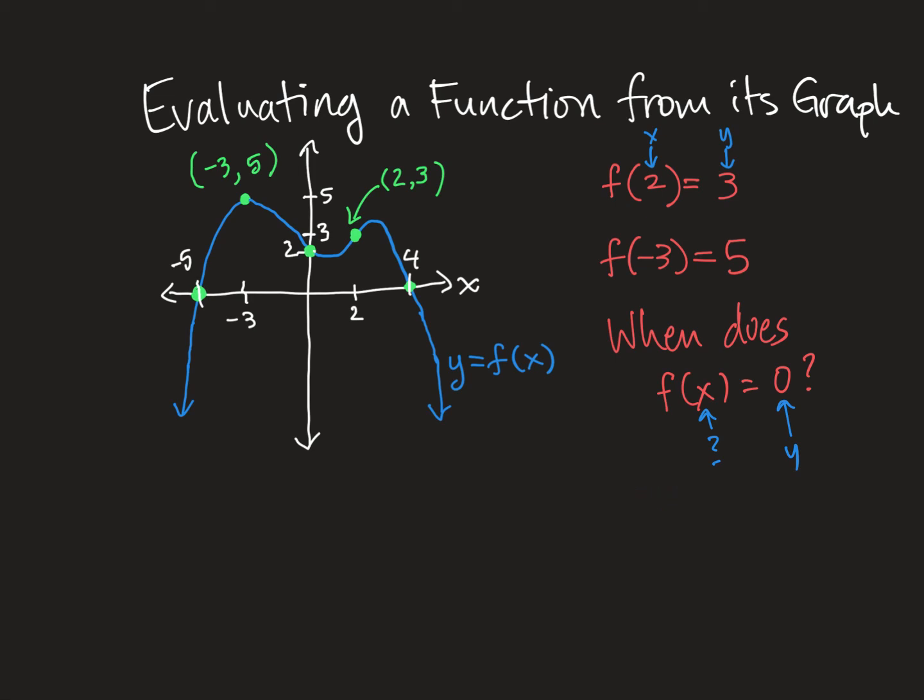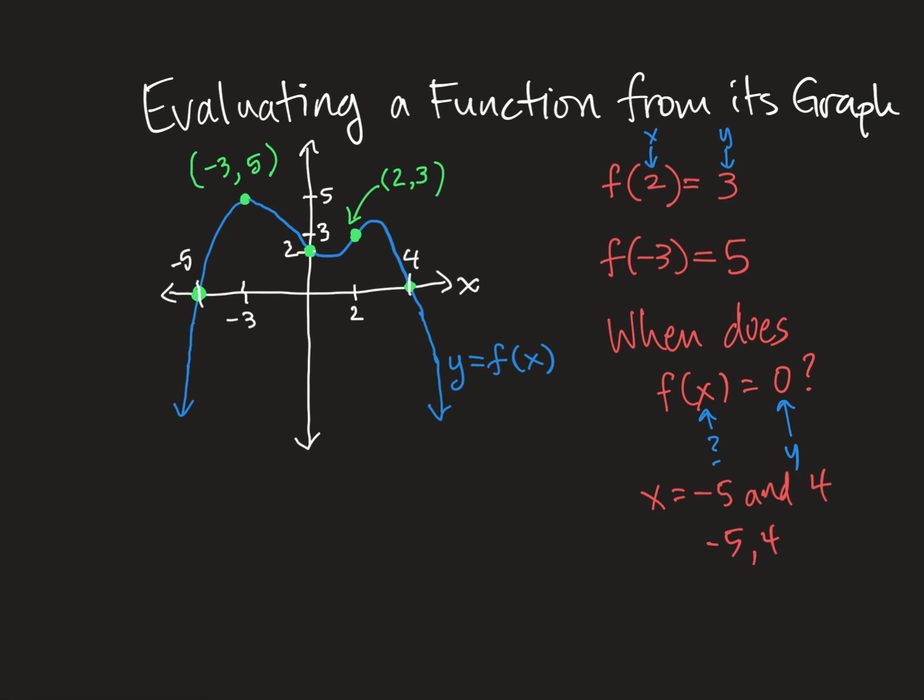F of x equals 0 when x equals -5 and 4. If you're typing this into your homework, I think you can get by with just saying -5 comma 4. But if I'm wrong, I'm sorry. Okay.